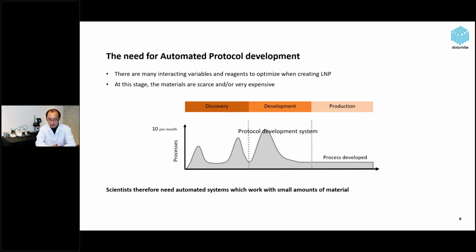After that we move to the development stage, covering the optimization, and finally the production stage for making the production product. In the development stage, the materials are scarce and very expensive, so people need an automation system which works with small amounts of materials.